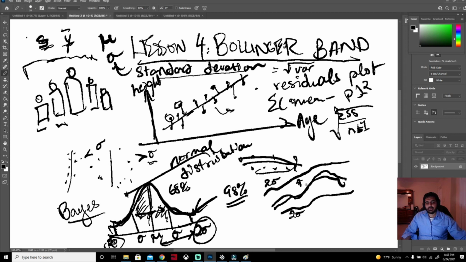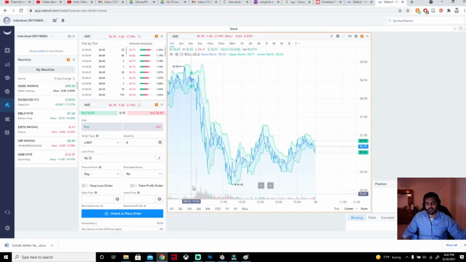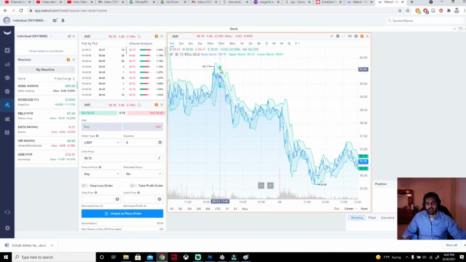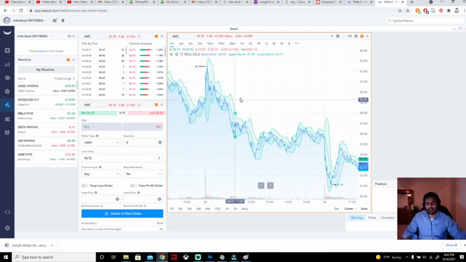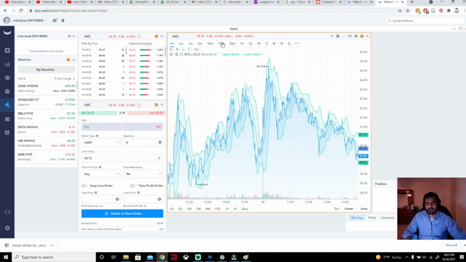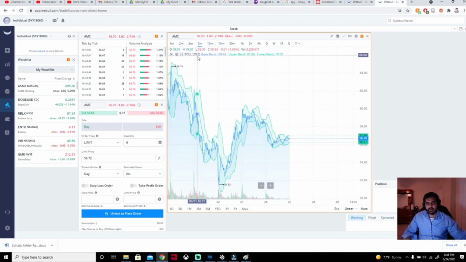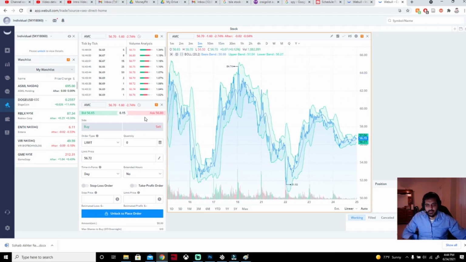So it gives this type of ghastly overlay to the stock value, to the charts, and we'll see that over here. You can see these upper bounds and lower bounds on this chart. You can see it on the 15-minute, the 10-minute, the 5-minute charts, and even the 1 minute if you want to.